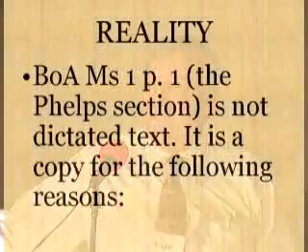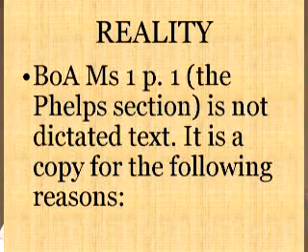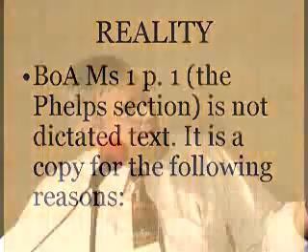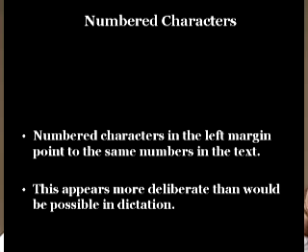And you can see there are some characters over here and some numbers here that we'll talk about in just a minute. It's in a darker ink than the Warren Parrish writing. The reality here is that this is not dictated text, and I'm going to show you why. Here are some reasons. First of all, with these numbered characters, we've got number 1 that goes with this one, and number 2 that goes with this one.